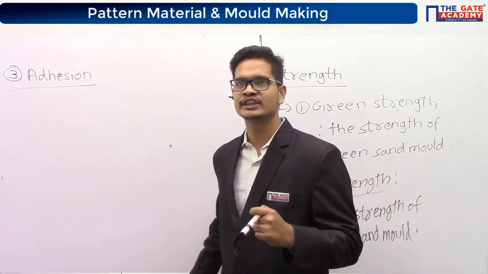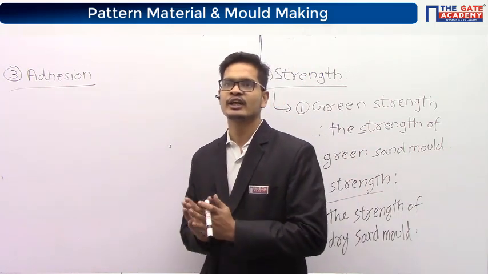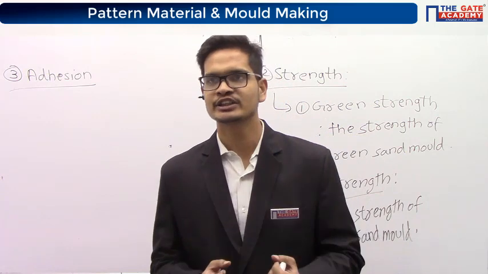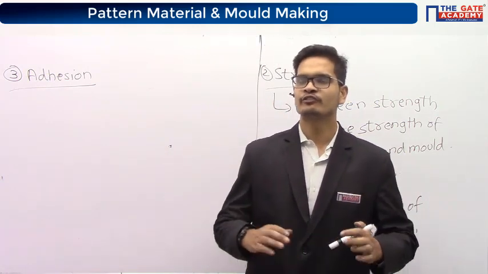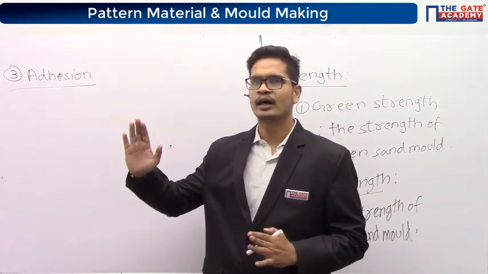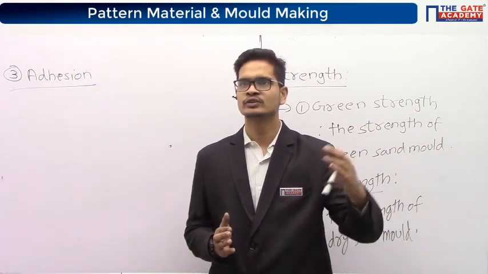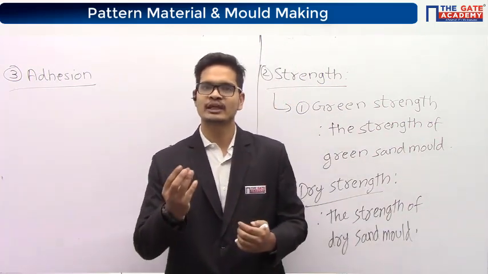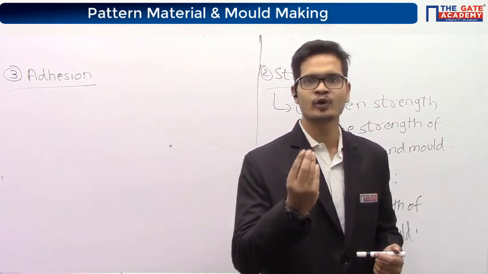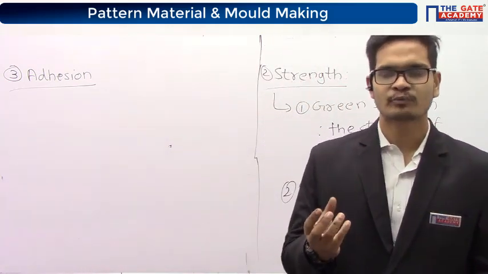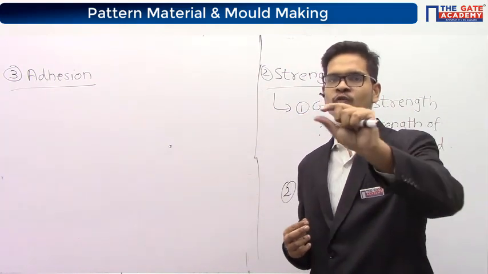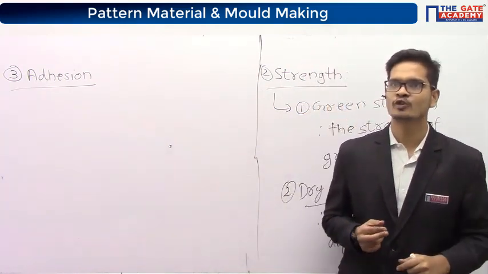See, adhesion is the property to stick with dissimilar materials. For example, if you want to stick a paper to something else, you will be using something adhesive. If you take the box of Fevicol, on the Fevicol box it is written an adhesive component.